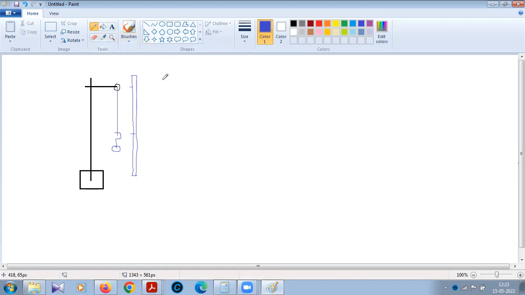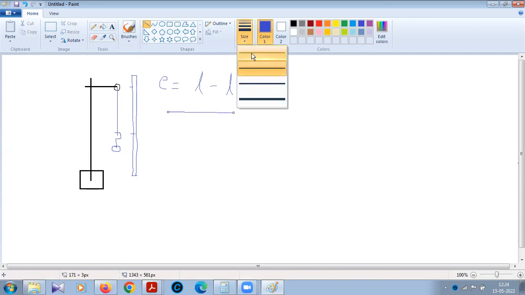So we can find out the extension E, and that is the extended length minus the unextended length, L minus L naught. Also we are taking wires of different diameters. We will take a wire, then increase the diameter and take a wire of another diameter.